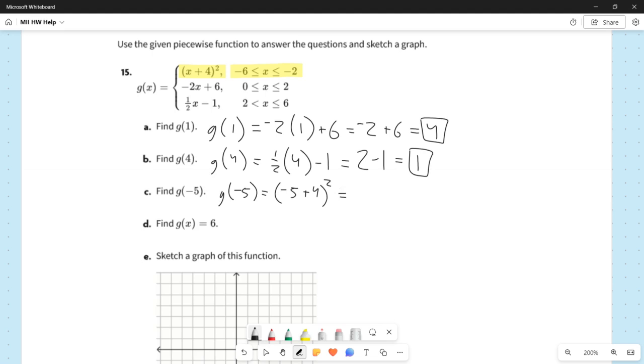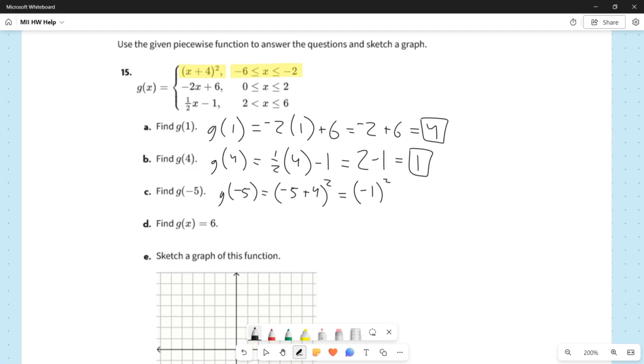So -5 plus 4 is -1. Now, notice that I kept my parentheses, which actually ended up helping us a little bit. So we have parentheses -1 squared.